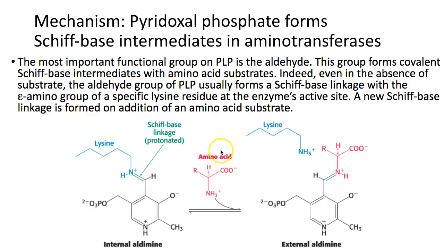And then from there, you can have an amino acid that gets replaced. And so now that lysine from that enzyme is released, and another amino acid is covalently attached to the phenolate.